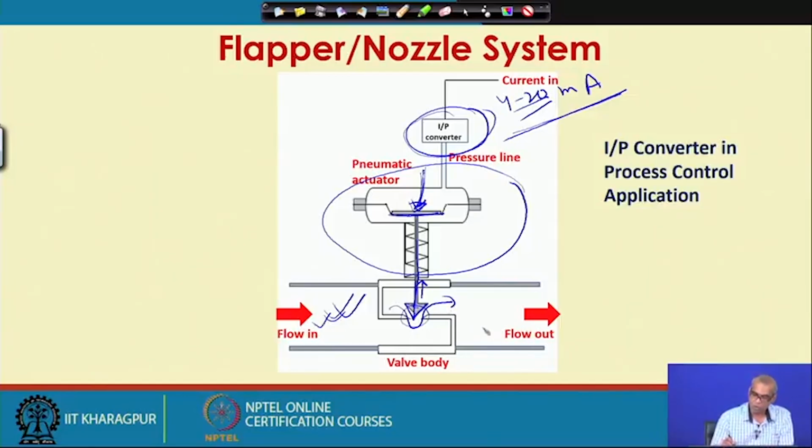So, this flow can be controlled by controlling this gap, and to control this gap you have to apply an appropriate pressure here, and that pressure will come from the flapper nozzle system, which will receive current from the electrical controller and produce the pressure as output signal for the diaphragm of the control valve.